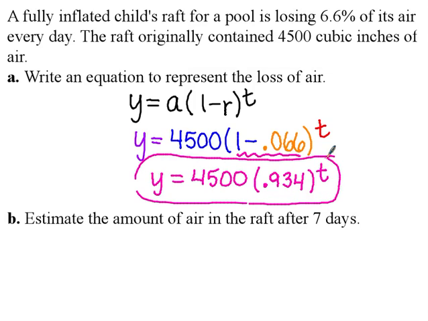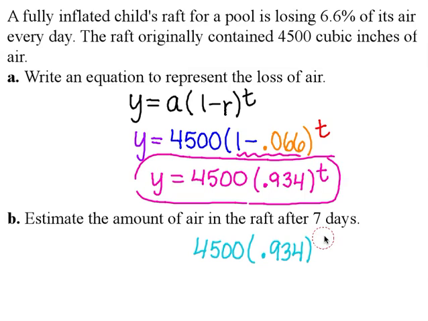My next question, estimate the amount of air in the raft after 7 days. So what are you going to do? You're going to plug in 7 for T. The very first thing you're going to focus on is the power. I forgot to put 7, sorry.